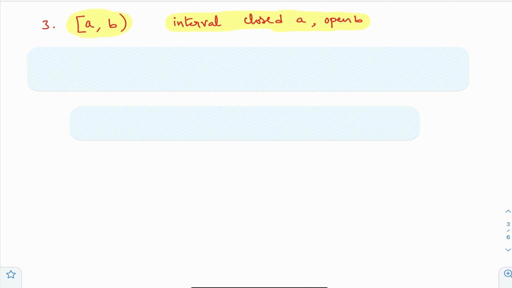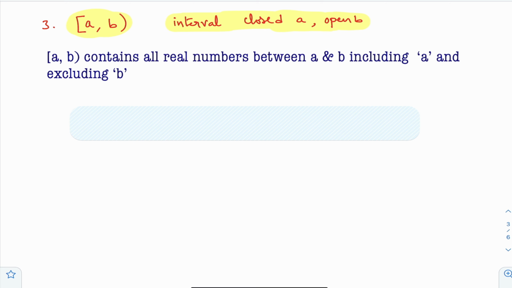What does it mean, what does it contain? You observe, how do you read it? The interval closed a, open b contains all real numbers between a and b. You see, this statement is common in all these intervals: contains all real numbers between a and b.